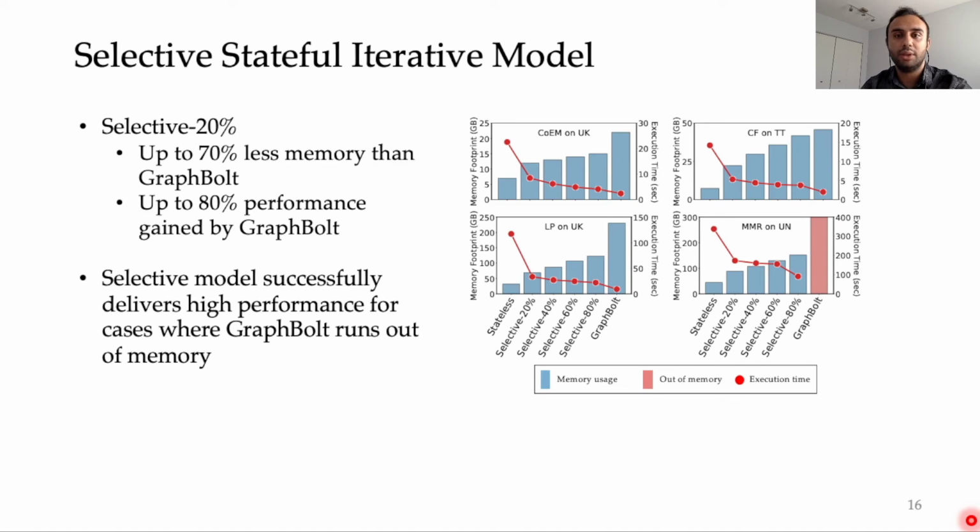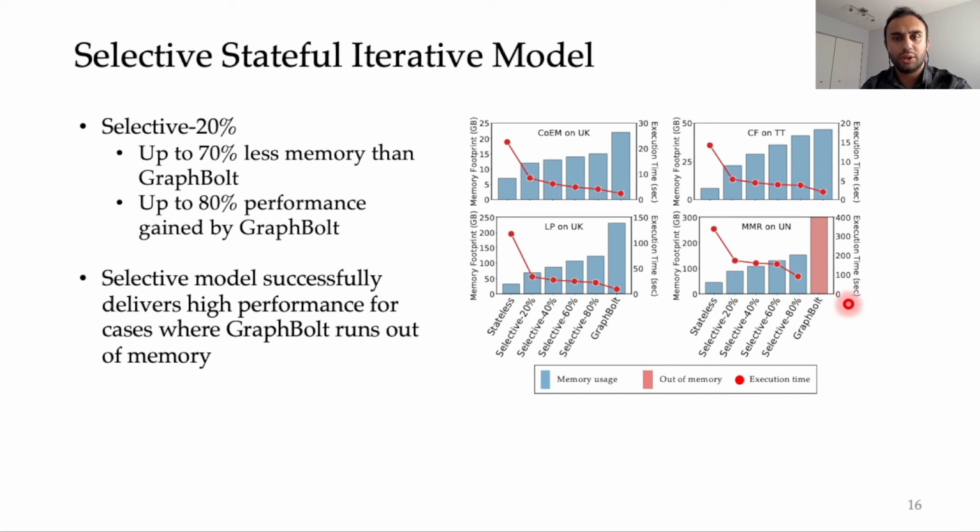This is mainly because of our highest degree-based tracking strategy that prioritizes tracking of those intermediate values that are expected to be most useful. We also observed cases where GraphBolt ran out of memory, but our selective stateful iterative model successfully executed and delivered faster results than the stateless execution.